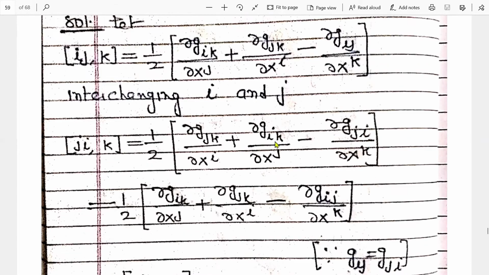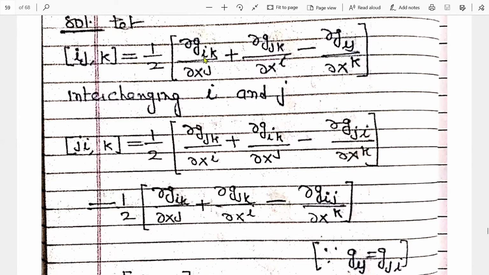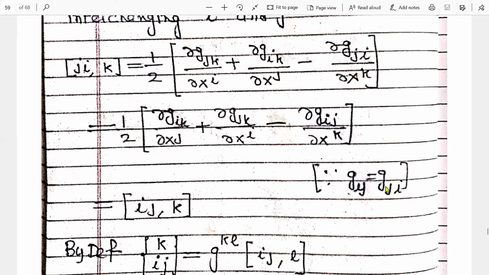Now this term is equal to this term, and this term is also equal because of the symmetry property, because g_ij is a symmetric covariant tensor. In that case g_ij and g_ji are equal. So this value is converted into this form by using the symmetry property of the covariant tensor. Now this will become [ij,k], so it proves result number A.